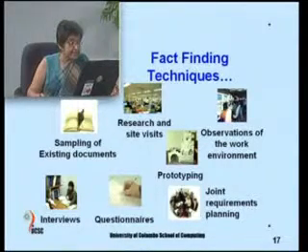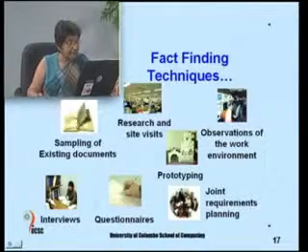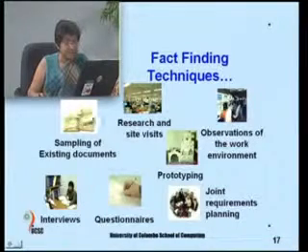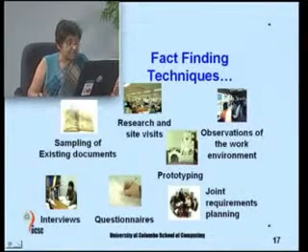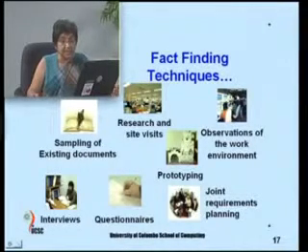So, sampling of existing documents is one very good method, and interviews, face to face interviews with the actual people who are doing the work. Later on we will explain in more detail the advantages and disadvantages of each one of these methods.